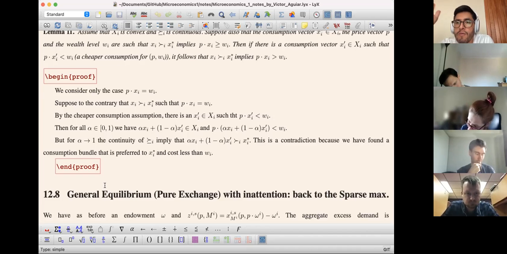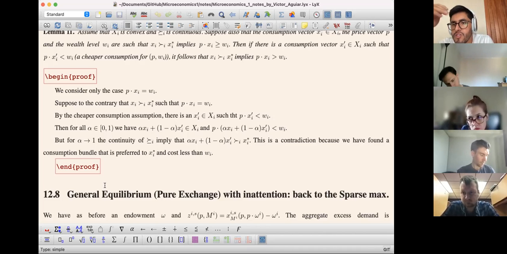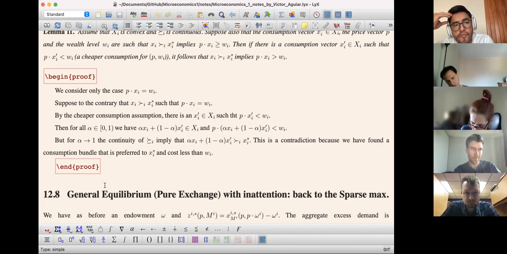This is about the power of decentralization. If you want to generate a Pareto optimal allocation, you can just let firms profit maximize, consumers utility maximize, and the markets clear. Then the price that is formed will generate a Pareto optimal allocation. So this is the first welfare theorem. The only thing you require is, of course, local non-satiation.